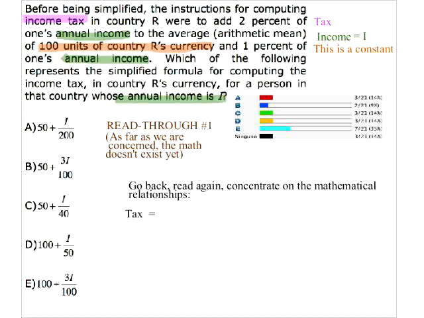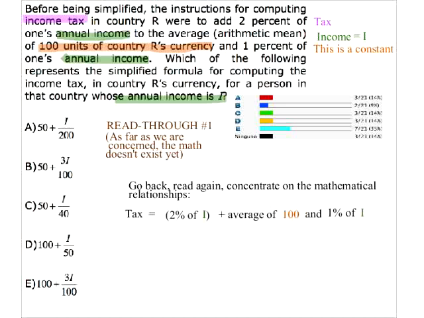So the tax is 2% of I, plus the average of that constant 100 and 1%. So there's your instructions. And if you already know what the quantities are before you do this, it makes it a lot less intimidating to do this.